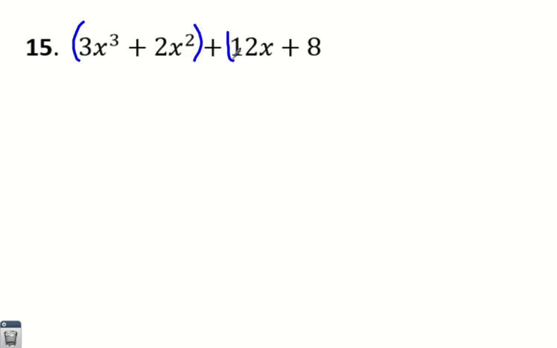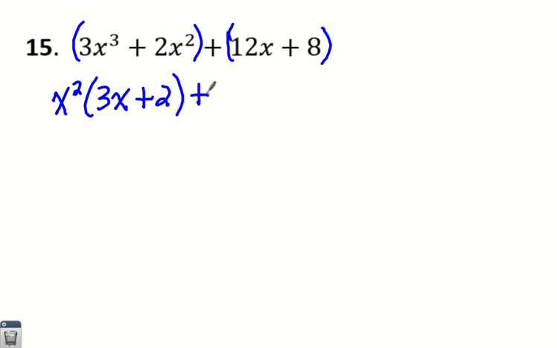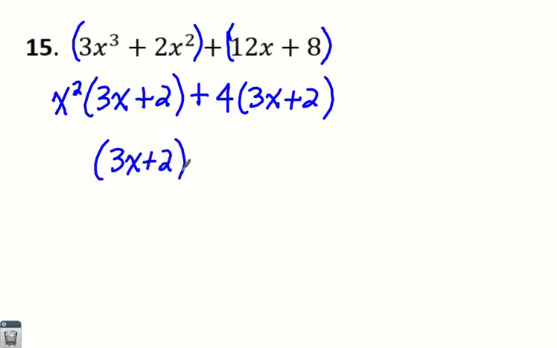I don't think it'll take that long. GCF would be, x squared again. Plus 2. What's the GCF here? It should be just 4? Yeah, GCF of 4, so that means 3x plus 2. Hey, how about that? And so 3x plus 2, I got twice, so we're in business. X squared plus 4.